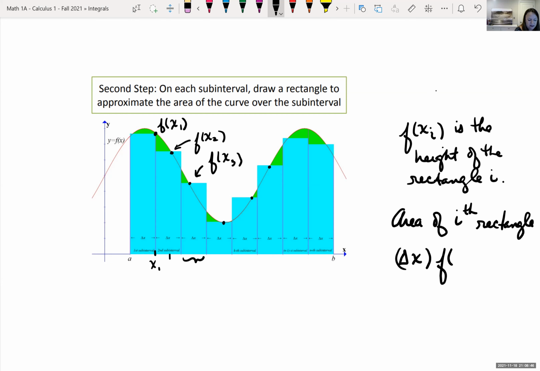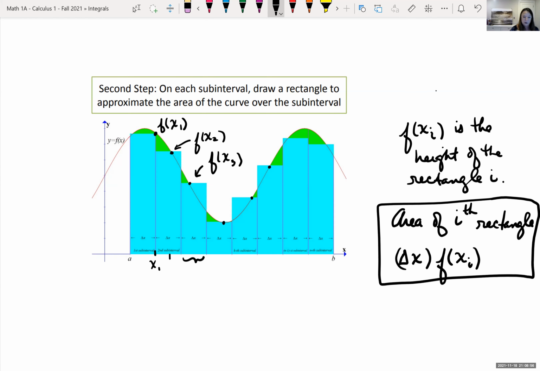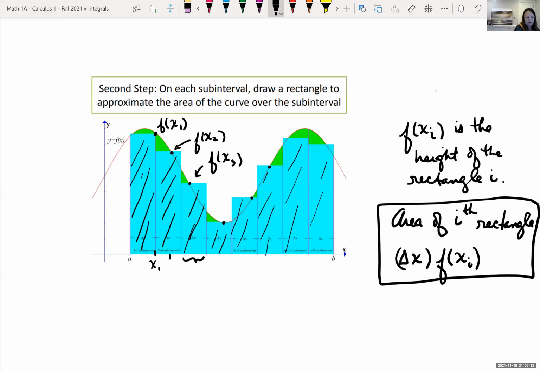The height of the ith rectangle we can find by f of x sub i. So we can find the area of each one of these rectangles, and if we sum up the area of each one of these rectangles, we're going to have an estimate of the area bounded under the curve.